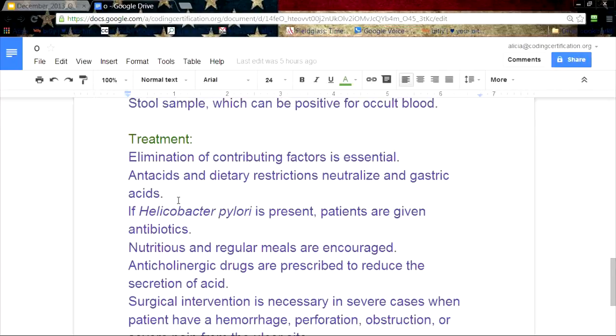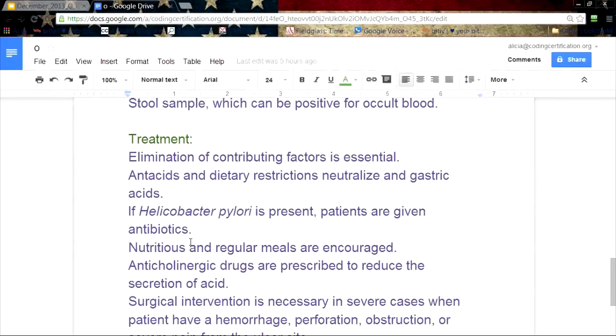So they're going to tell you things like don't eat tomatoes, don't eat things that are acidy or irritants to the lining, like chocolate and coffee. If they do find this bacteria present, then you're given antibiotics. They want you to start on nutritious and regular meals.